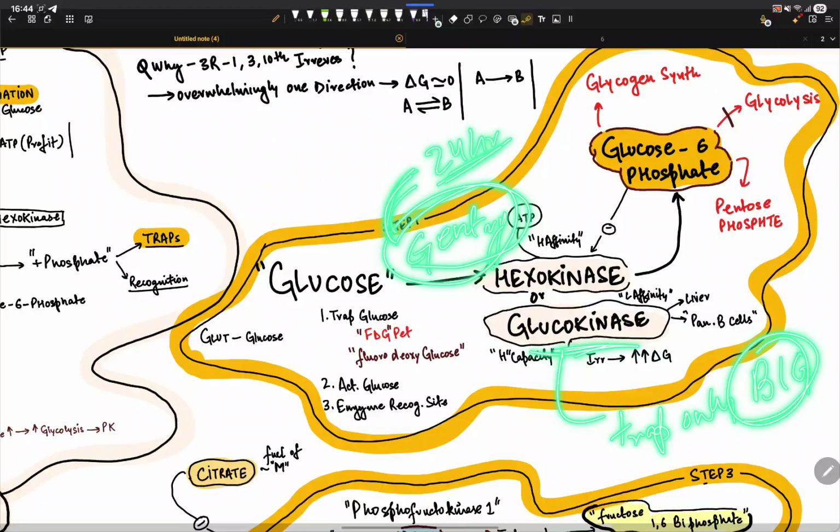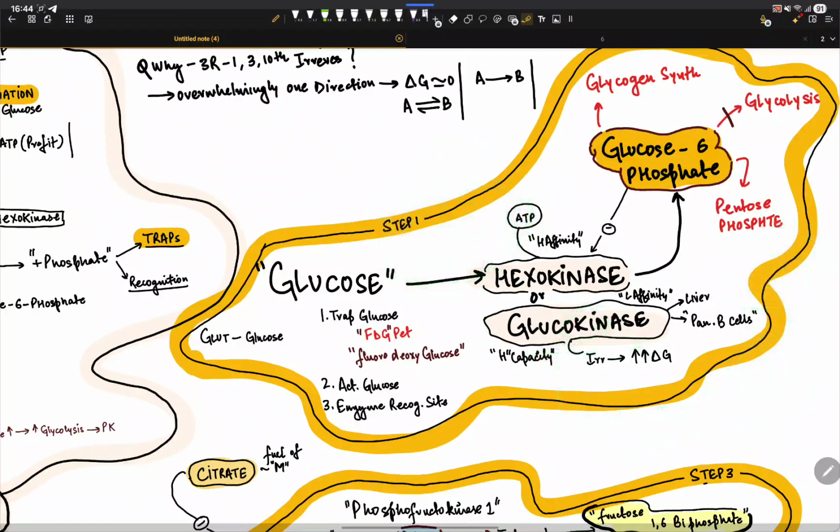Doing that protects you from insane glycemic surplus, hyperglycemia, that you could get if you didn't have glucokinase. Imagine you just had a big meal and you don't get a big surge in glycemia, because the liver acts as a buffer, not as a competitor, when it comes to glucose. So that's why you have glucokinase.